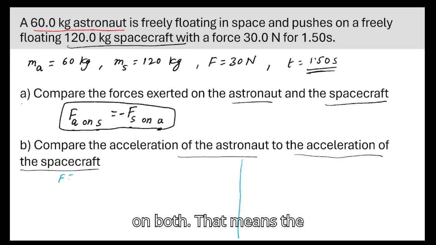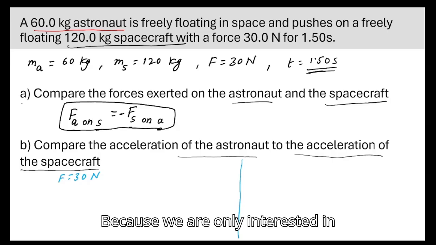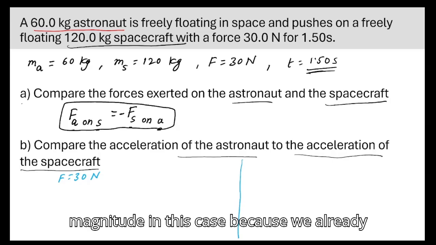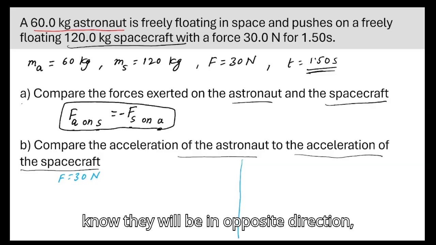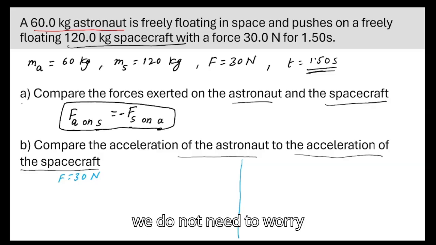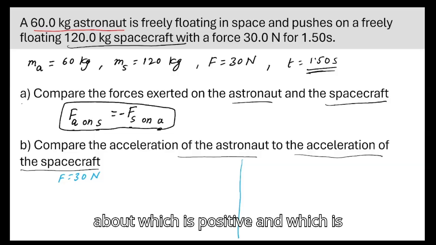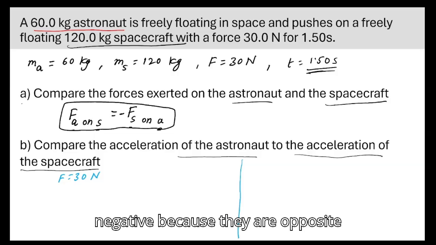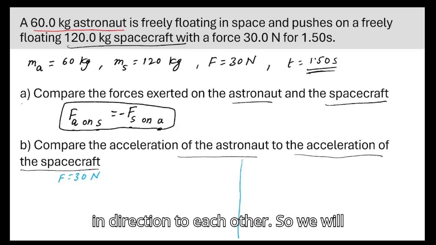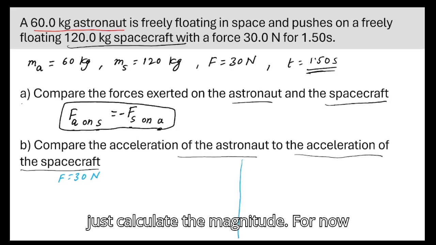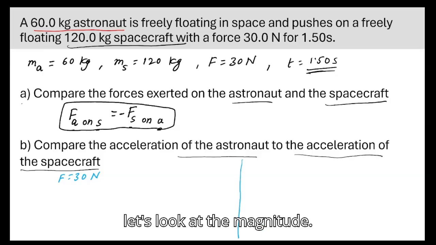That means the magnitude of force is 30 Newton in both cases. Because we are only interested in magnitude, and we already know they will be in opposite direction, we do not need to worry about which is positive and which is negative. So we will just calculate the magnitude.